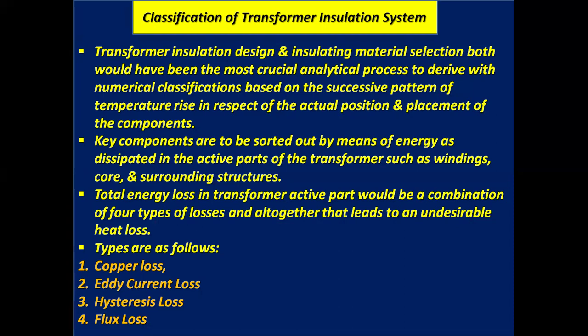Total energy loss in the transformer active part is a combination of 4 types of losses, and altogether that leads to undesirable heat loss. Types are as follows: 1. Copper loss, 2. Eddy current loss, 3. Hysteresis loss, 4. Flux loss.